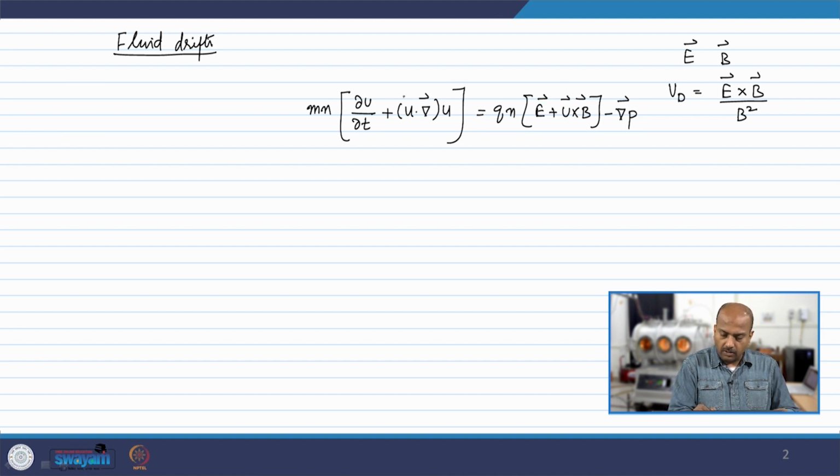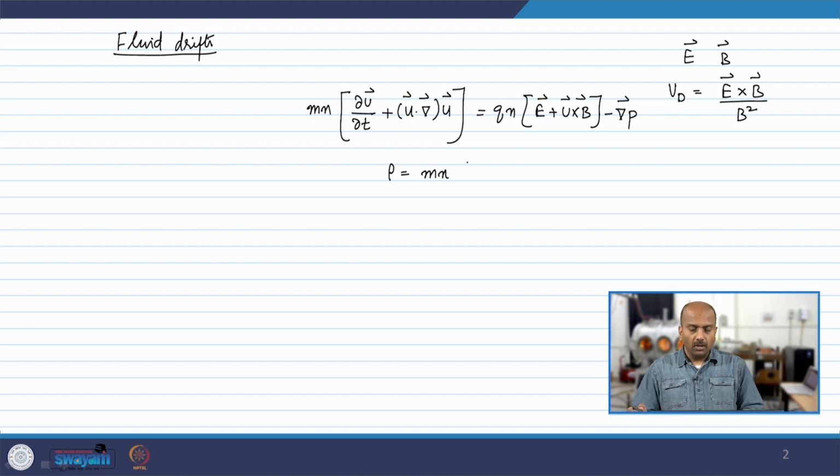This equation is valid for a fluid where m is the mass of the particle, n is the number of particles per unit volume. We can effectively write the density as m times n, mass per unit volume.